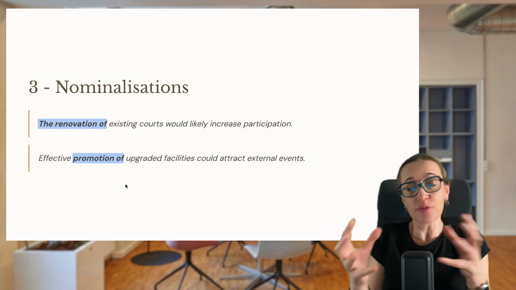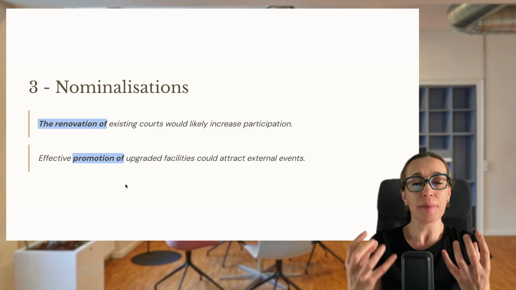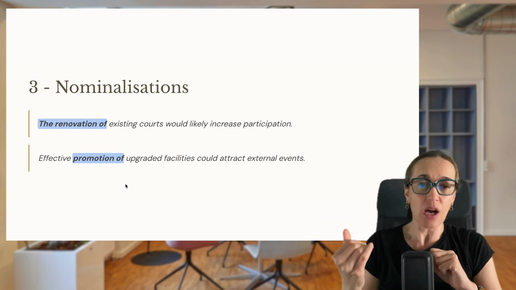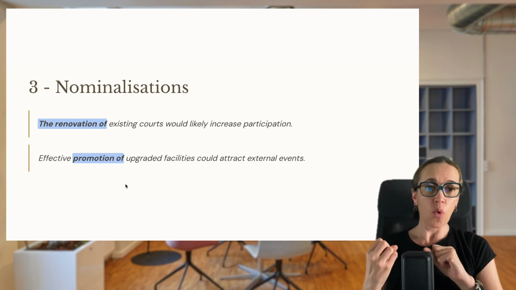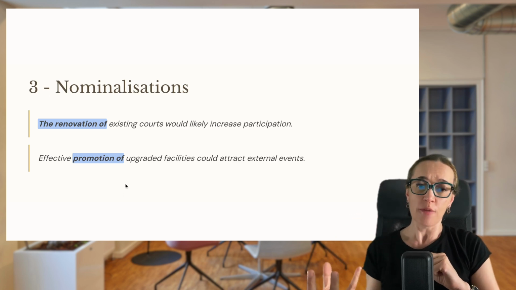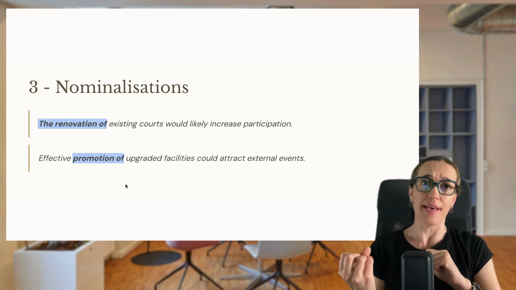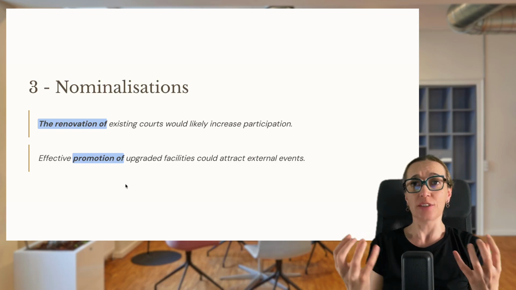So the process of transforming verbs into nouns is called nominalization. For example, the renovation of existing courts would likely increase participation, or effective promotion of upgraded facilities could attract external events. So change verbs to nouns to sound objective.